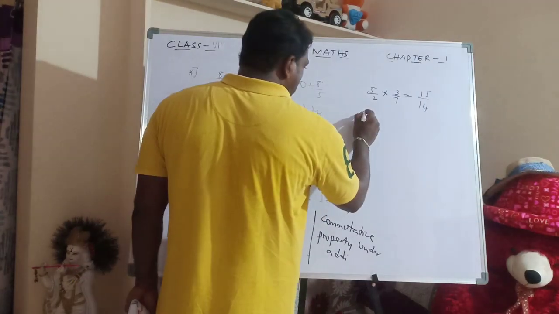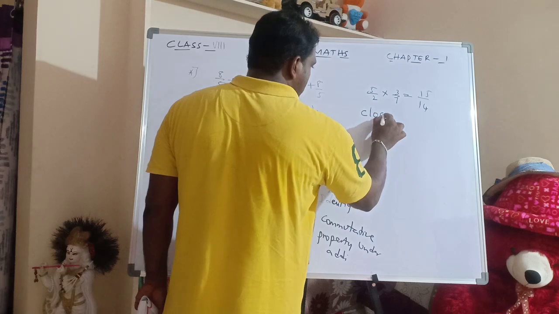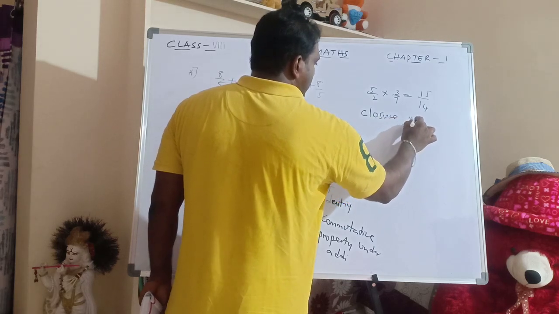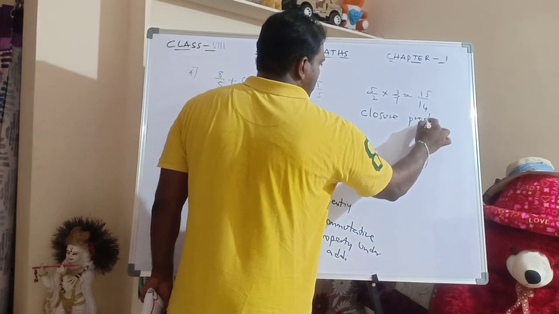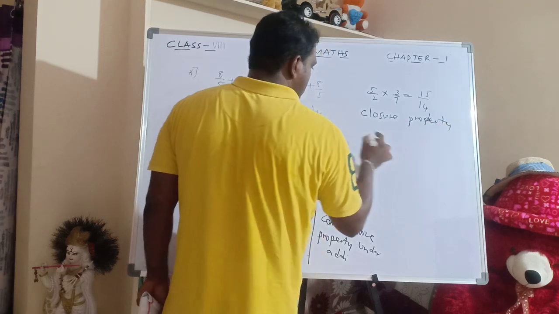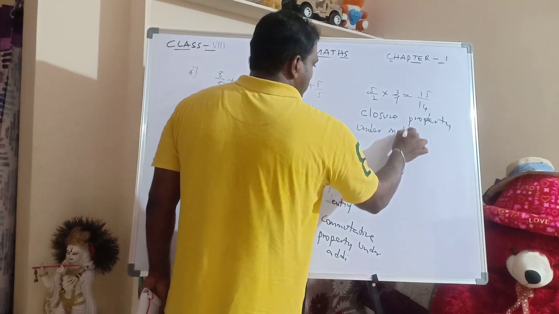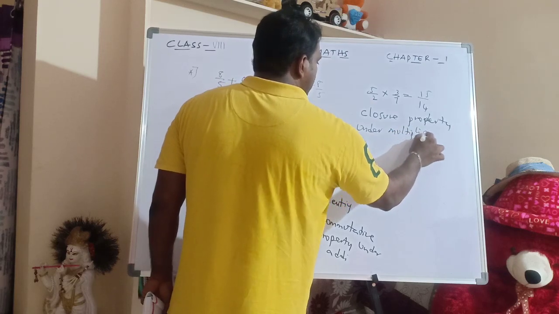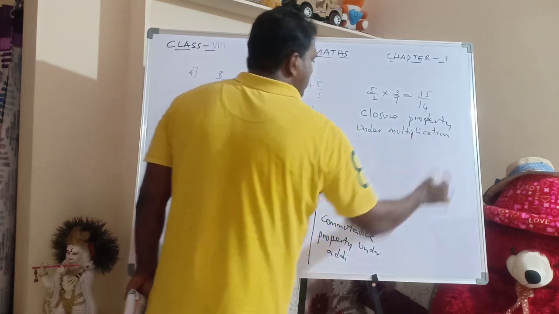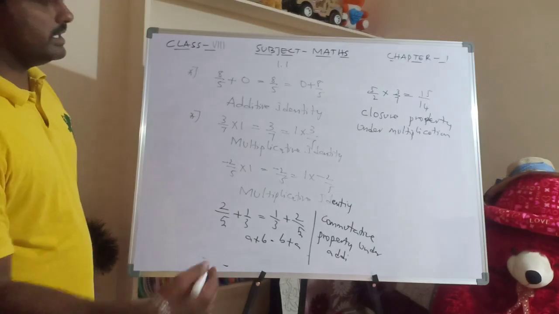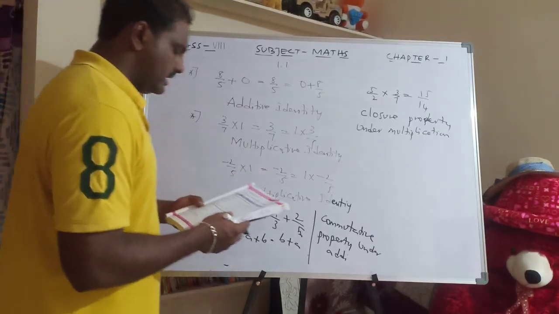So this is closure property under multiplication. It says that if you take two rational numbers and multiply them, you will get another rational number.